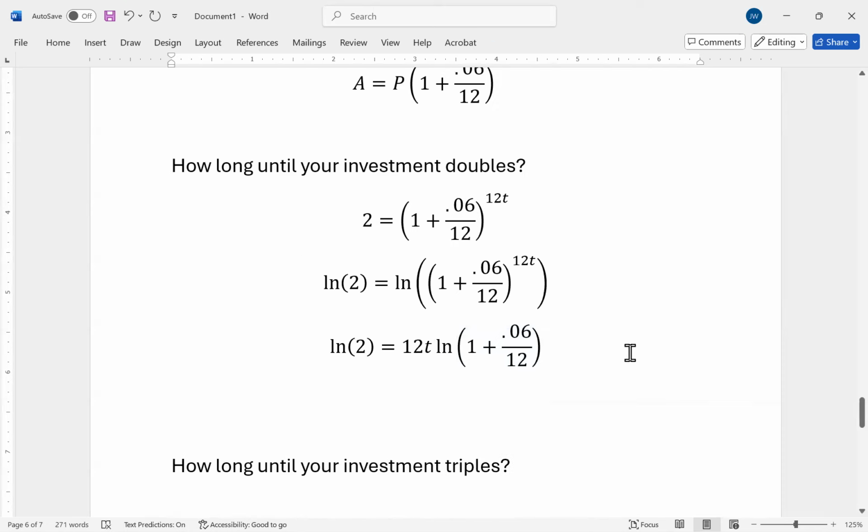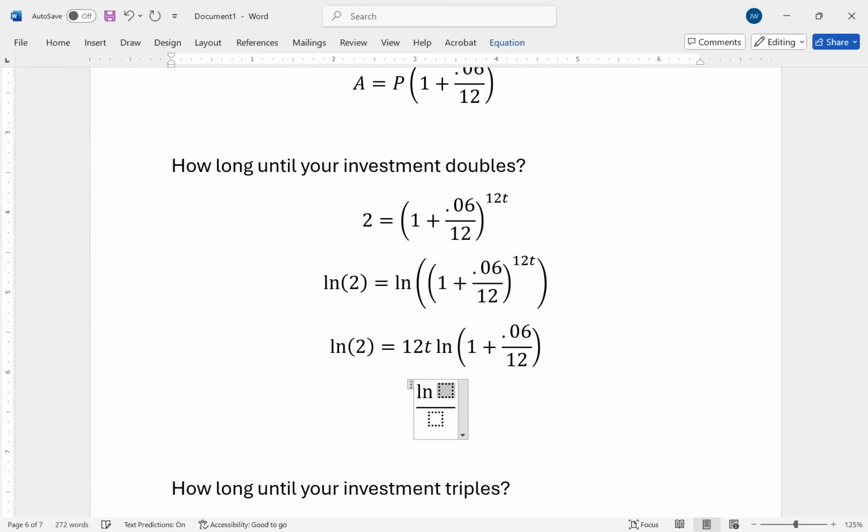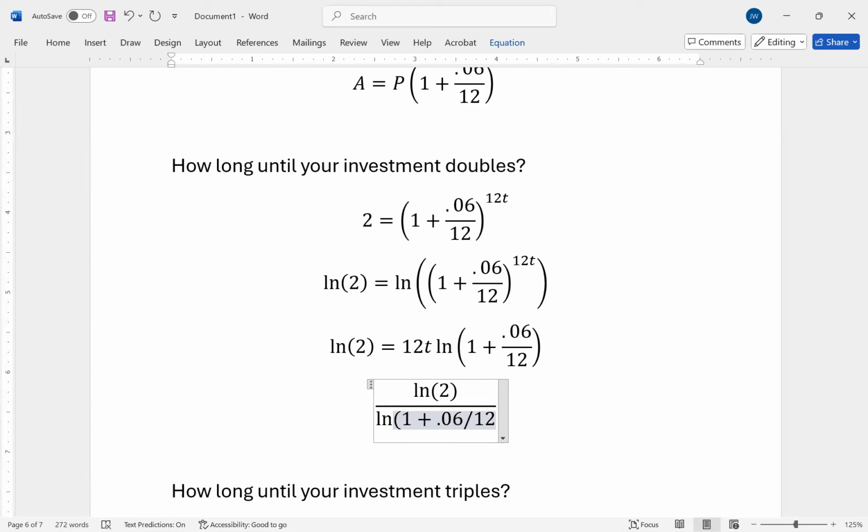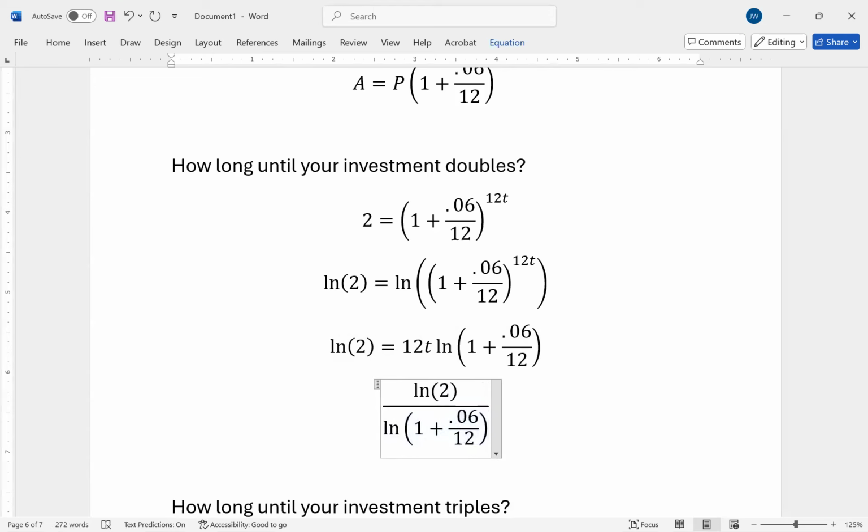And in order to solve for t is the thing we need, because we need to figure out how long it takes. So we need to solve for t. I would start out by dividing both sides by that natural log of 1 plus 0.06 over 12. That would give us natural log of 2 divided by natural log of 1 plus 0.06 over 12, and that would be equal to 12t.